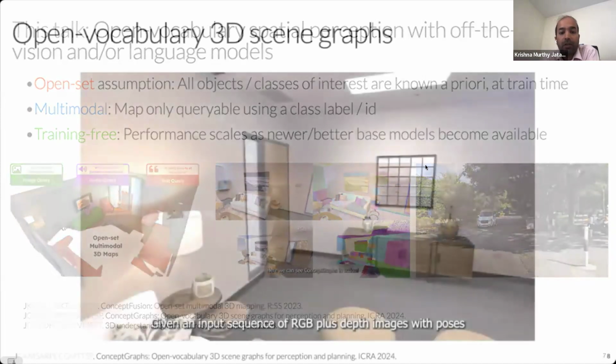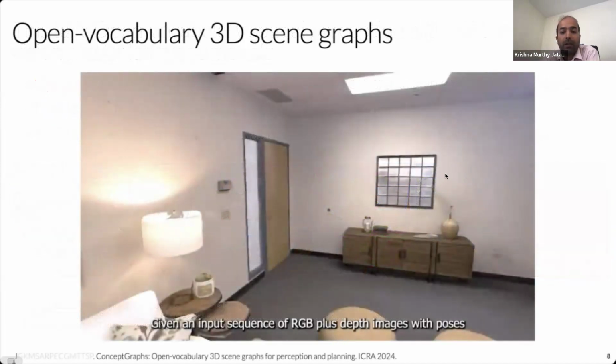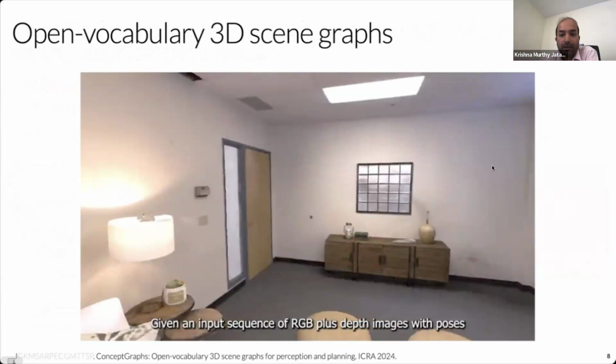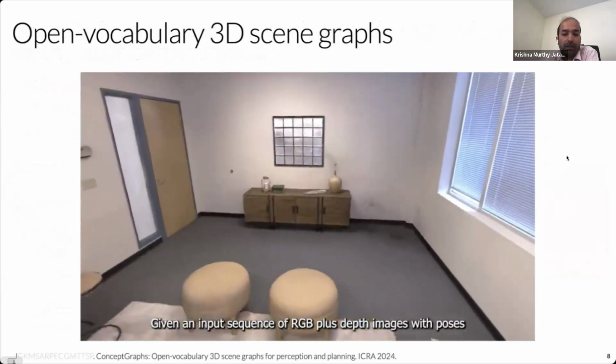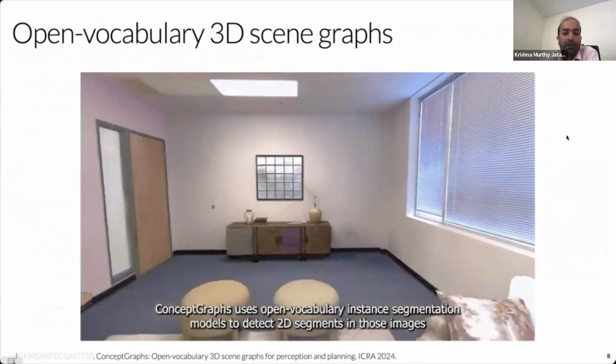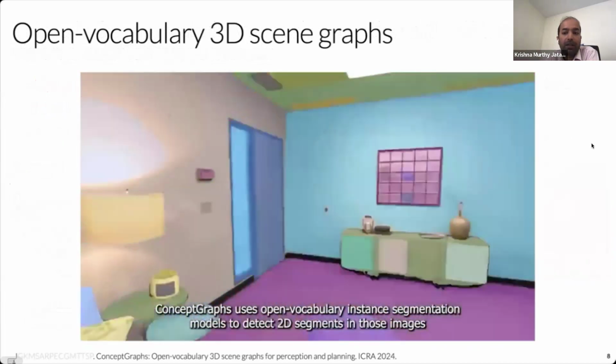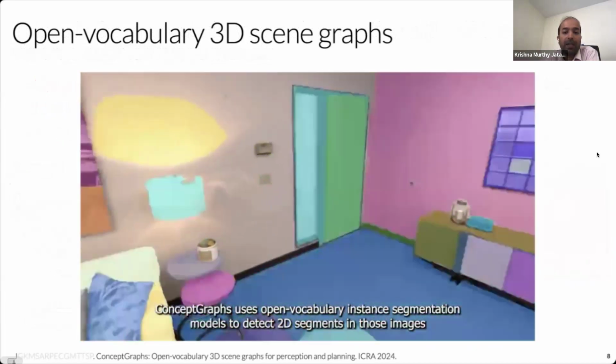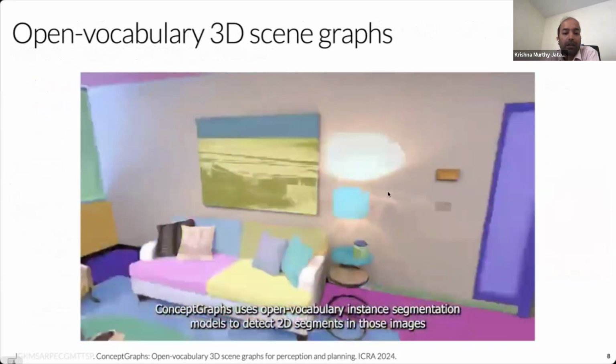And I'm going to talk about one of our recent works called ConceptGraphs, where we build 3D scene graphs from data. The key idea here is you have a sequence of input images, and you can run a number of open vocabulary detection and segmentation algorithms to segment these.